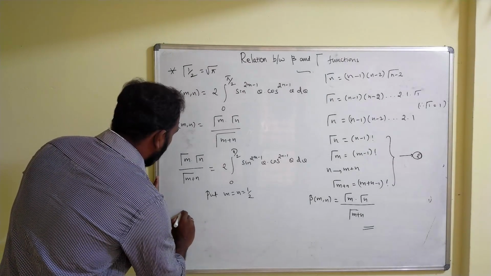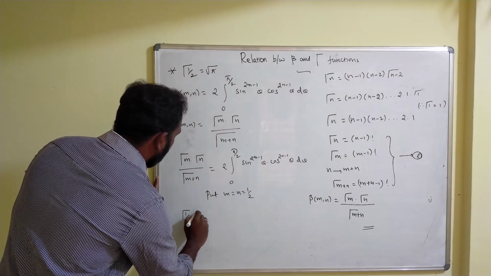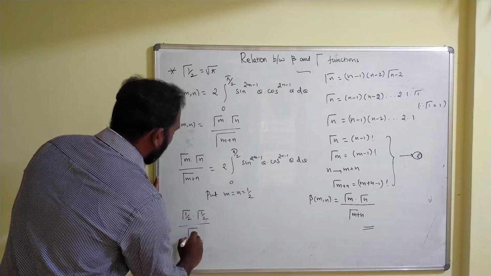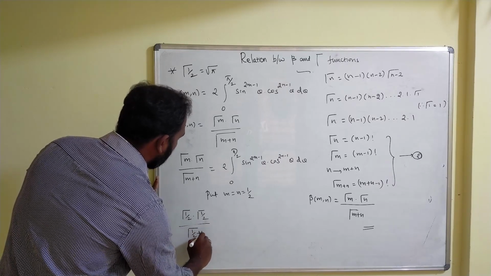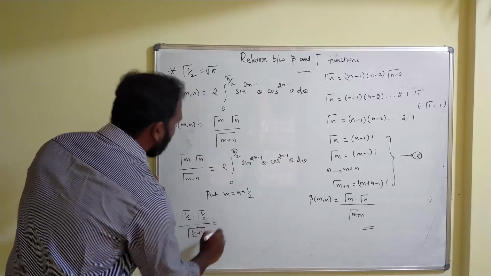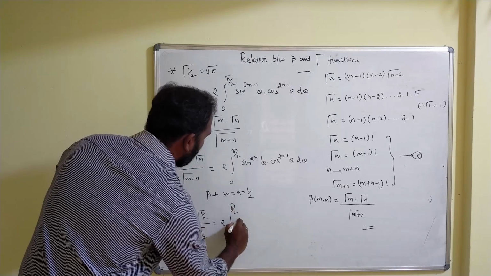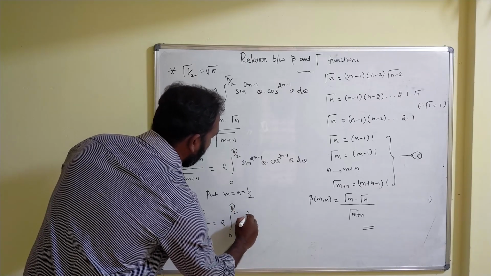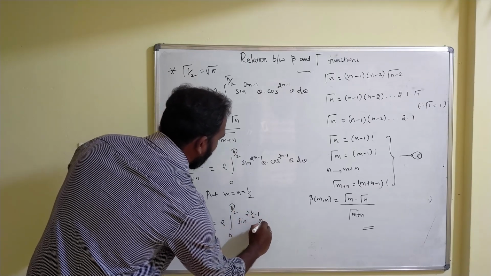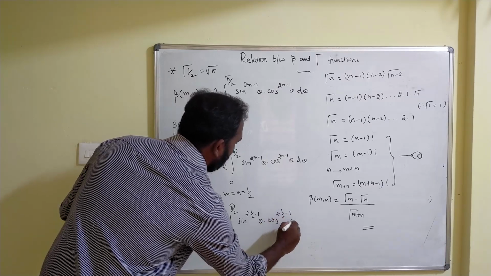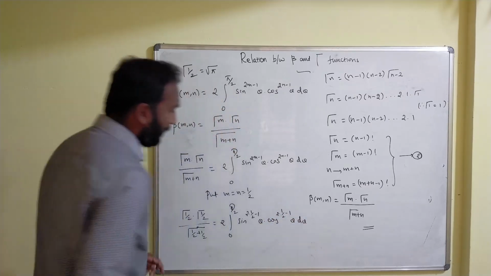Now gamma of 1 by 2 into gamma of 1 by 2 divided by gamma of m plus n, that is 1 by 2 plus 1 by 2, which is equal to twice into integral 0 to pi by 2 sine power 2 into 1 by 2 minus 1 theta cos power 2 into 1 by 2 minus 1 theta into d theta.